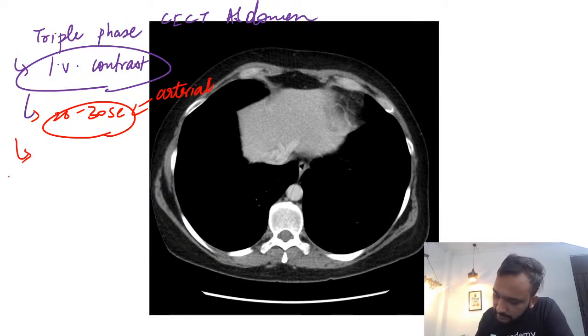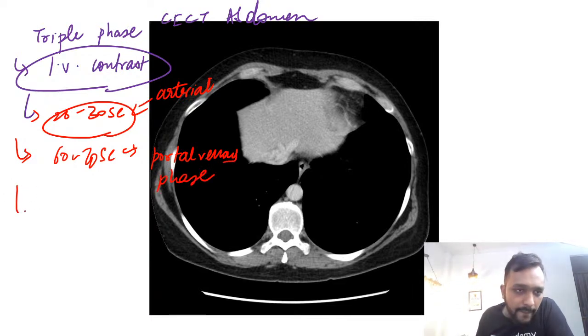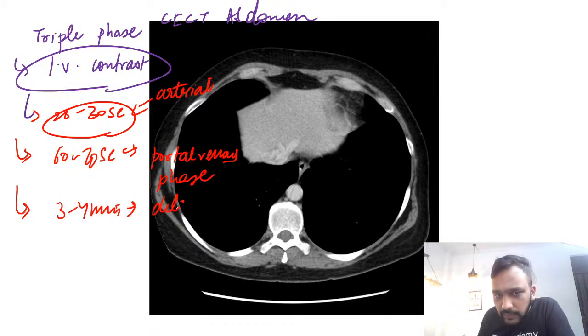When we are acquiring the scan at 60 to 70 seconds, it is going to give us the portal venous phase. And at 3 to 4 minutes, we are going to get the delayed phase.